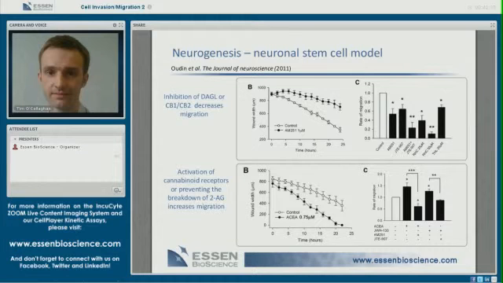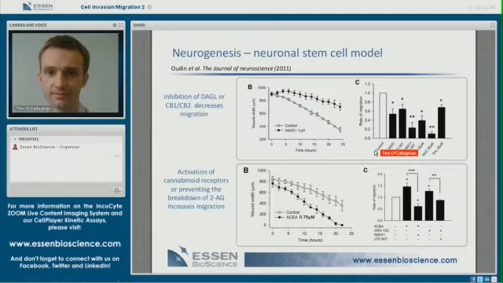The team investigated neural stem cell migration in the presence of endocannabinoid inhibitors, and they showed that inhibition of cannabinoid receptor 1 using compound AM251 inhibited the rate of migration compared to control.